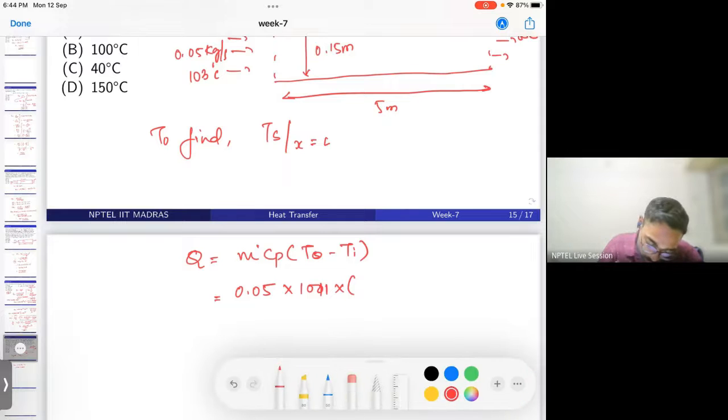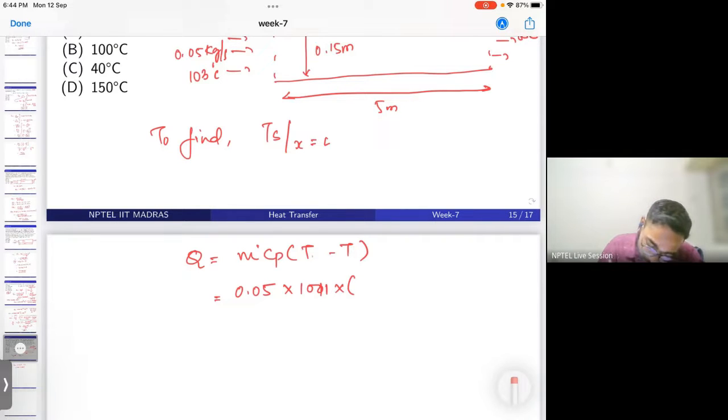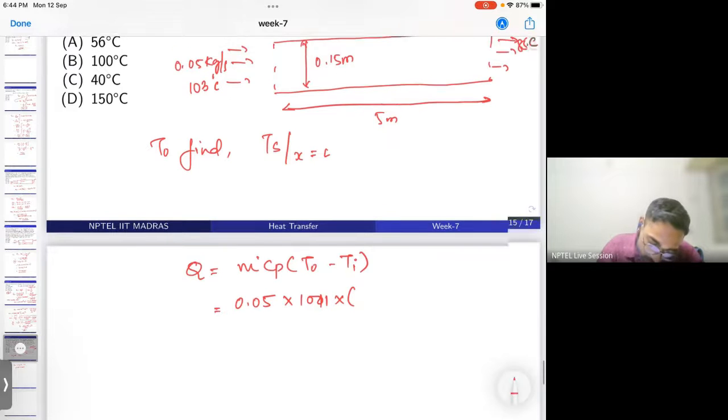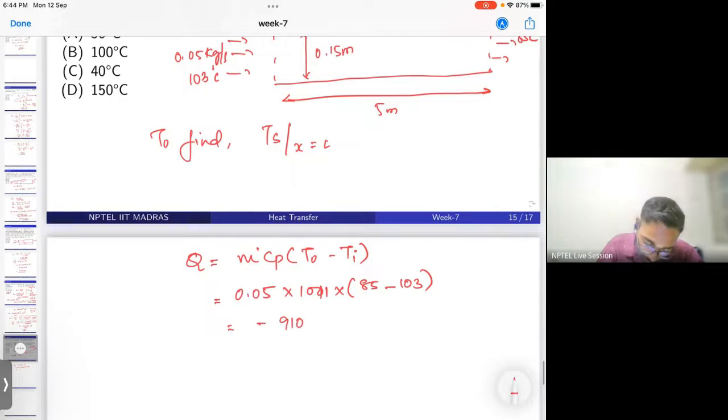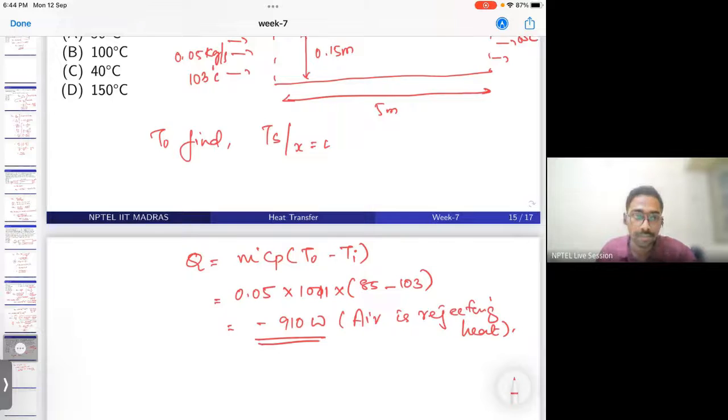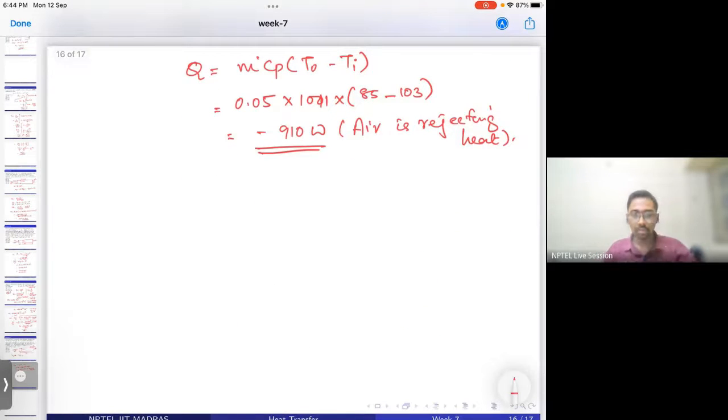Here as it is cooling, it's minus, because the air is rejecting heat. So this much amount of heat should be taken out from the air.